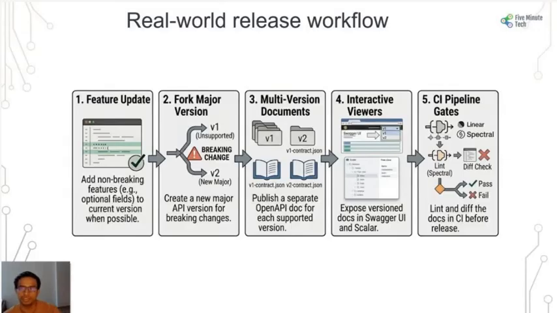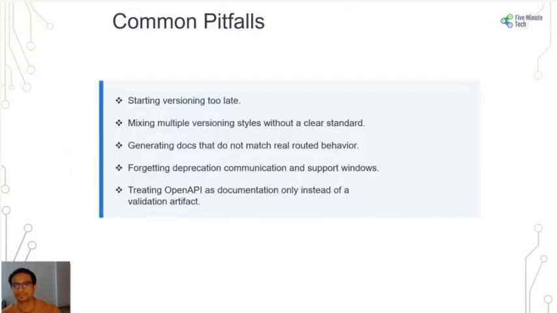On multi-version documents, we create V1 and V2 contracts and publish a separate OpenAPI doc for each supported version. Then there is an interactive viewer, and you can see we need to enable that. Expose the version docs in the Swagger UI and Scalar. And in the CI pipeline gates, you apply your linting rules, the lint and the diff of docs in the CI before the release. So this is the whole way the release workflow will work.